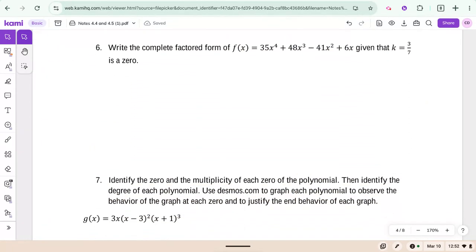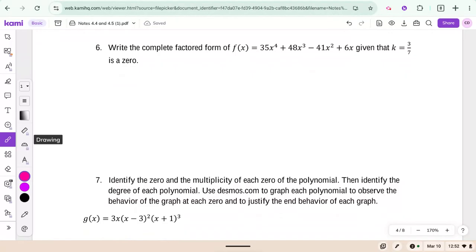All right, lots of examples today. Write the complete factored form of f of x equals blah, blah, blah, given that k equals 3/7 is a 0. That looks like a rational number to me.